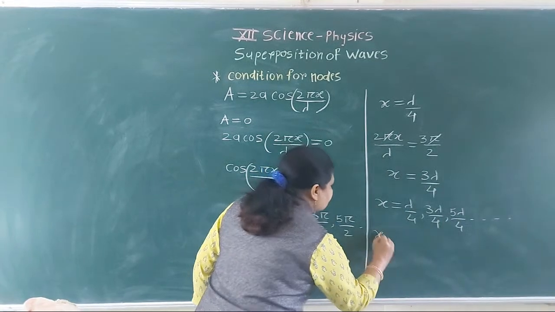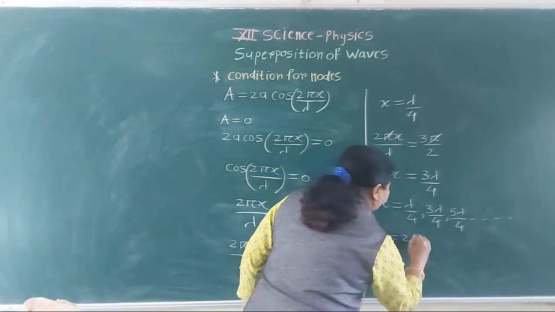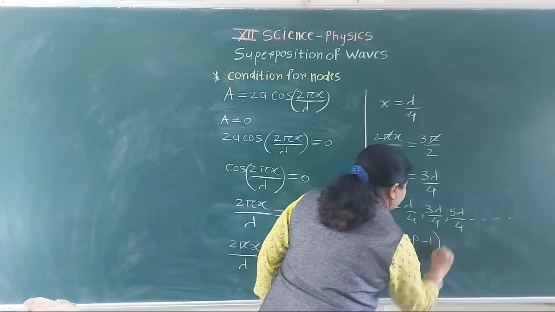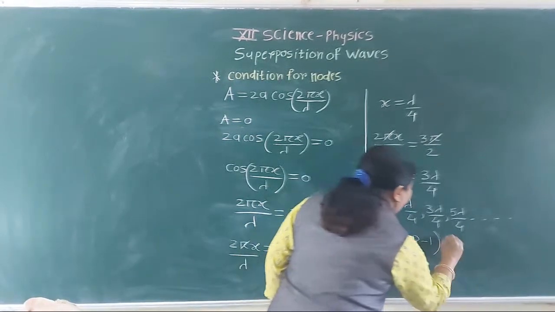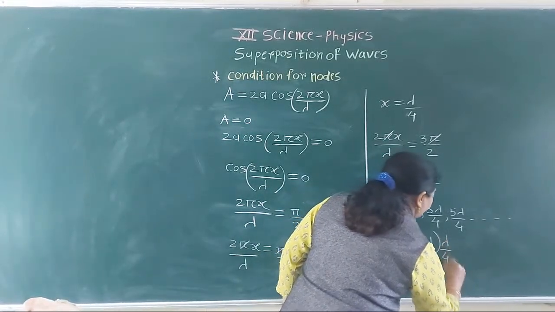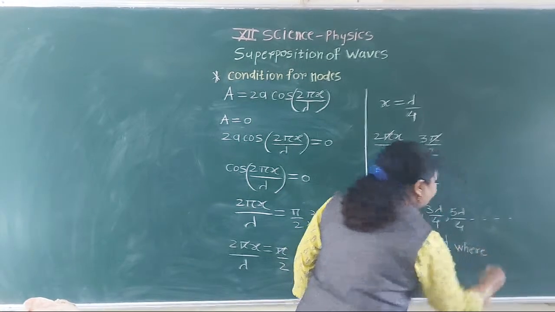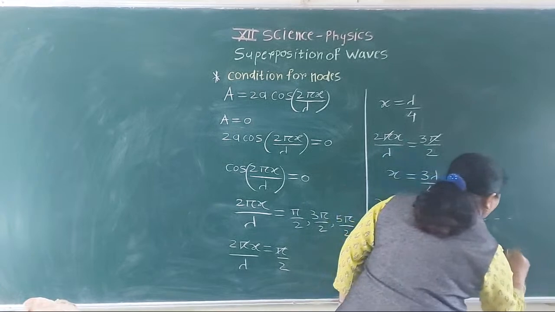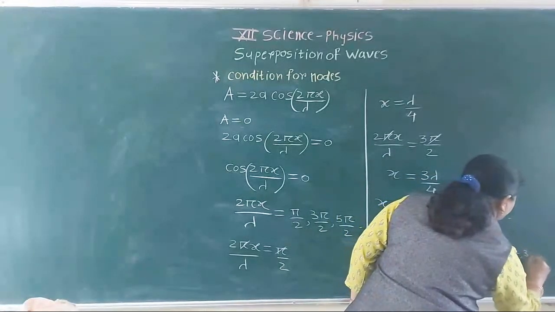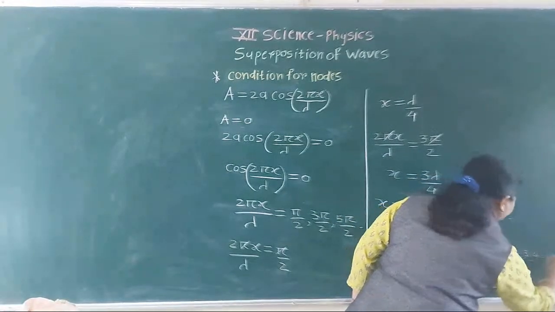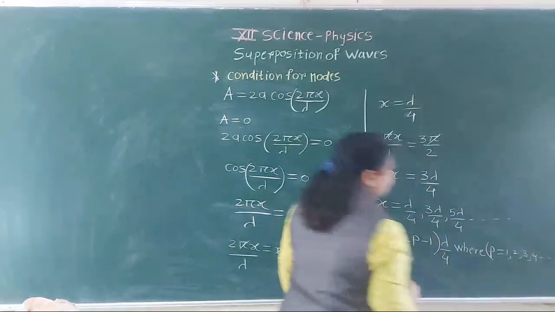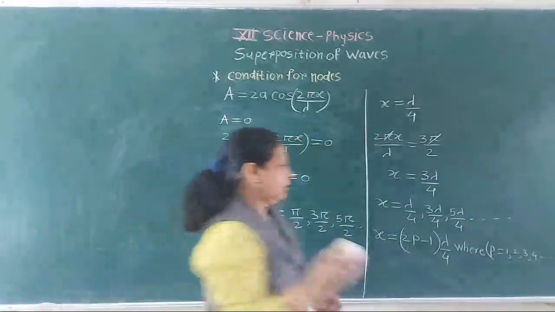Therefore, the general formula is x is equal to (2p minus 1) lambda by 4, where p is equal to 1, 2, 3, 4, etc.